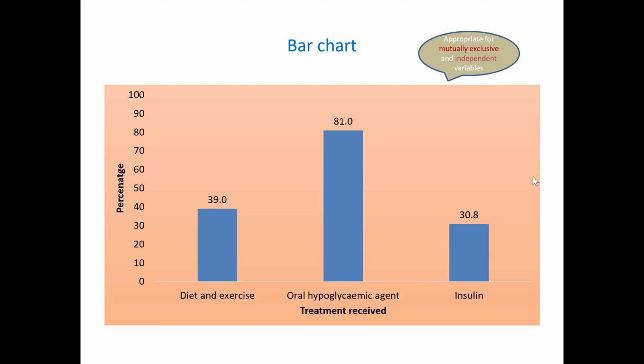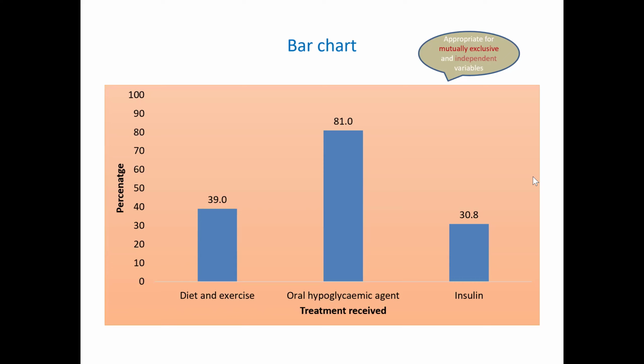There's no way you can put it in a pie chart. For example, look at this: 39% on diet and exercise, 81% on oral hypoglycemic agent, 30.8% on insulin. If you add them together, it should be 100 over 100. But 39 plus 81 is already over 100. Can you see? It's already 120. We now add 30.8, making 150.8.